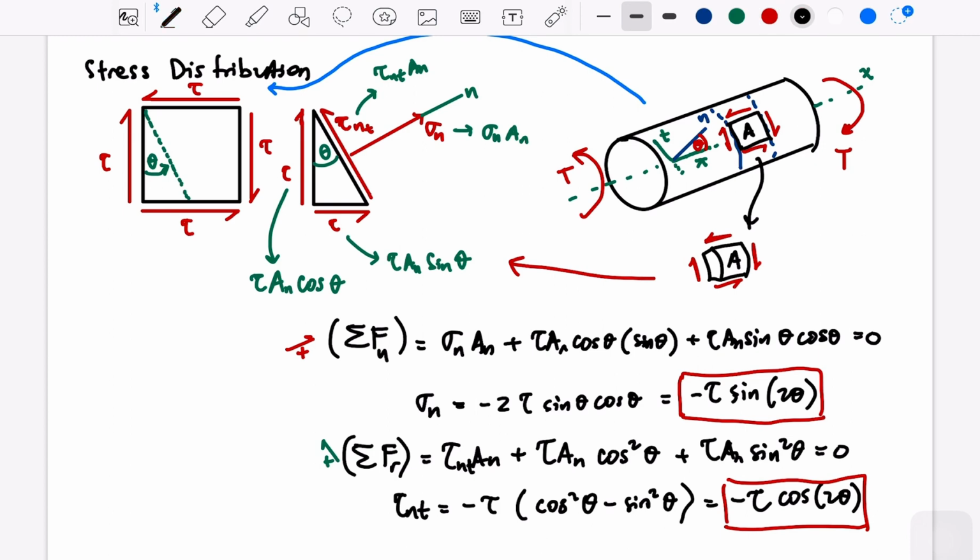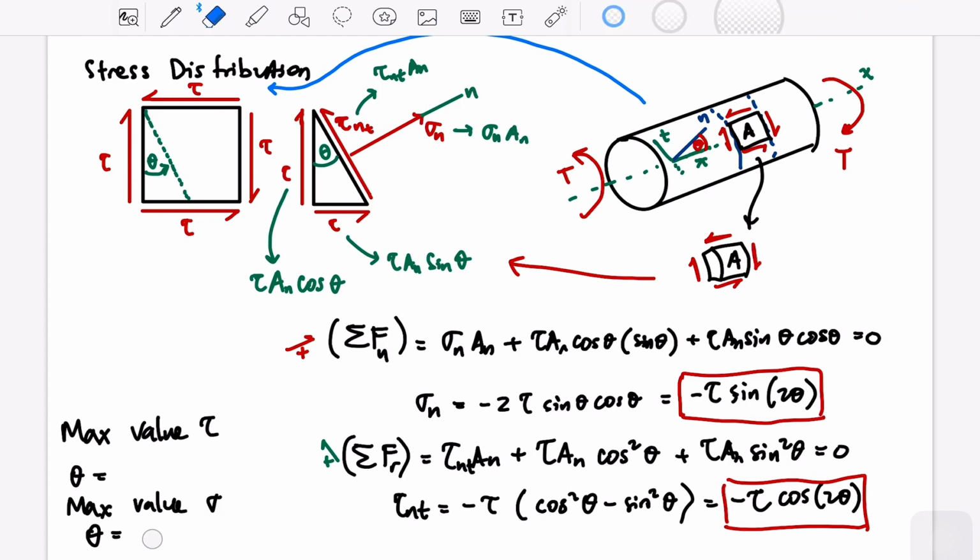And based on this, the maximum value of tau will be attained when theta is 45 degrees, right? And the maximum value of sigma will be attained for, oh sorry, this is 90, this is 90, and this is 45.